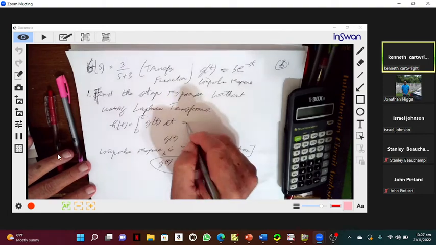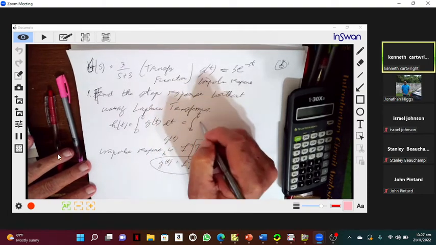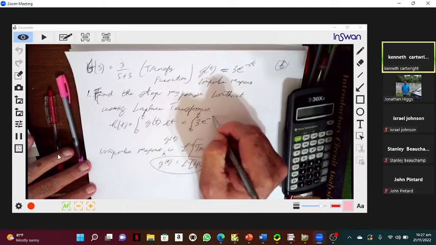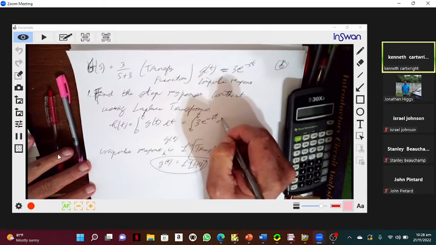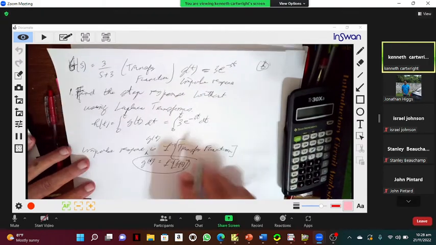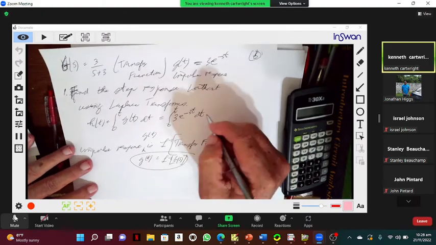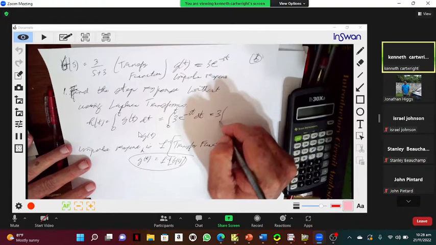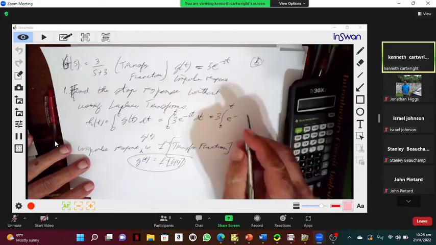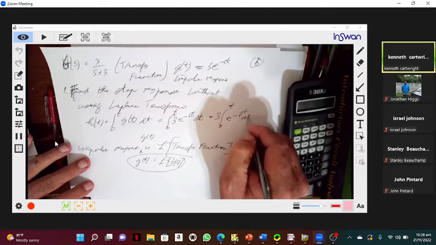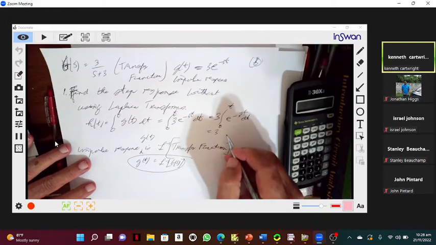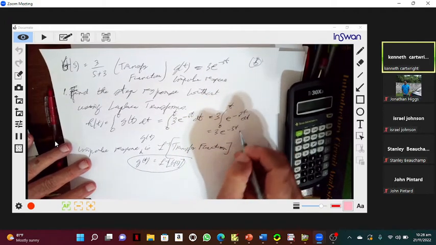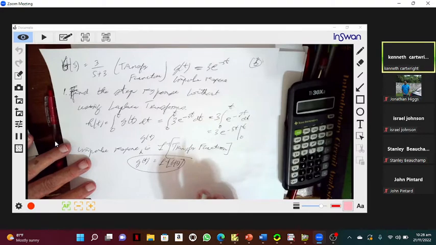The step response would be the integral from 0 to t of 3e^(-3t) dt, which is, we can bring the 3 out, 3 times the integral from 0 to t of e^(-3t) dt, which is 3 e to the minus 3t, and what else do we have to do?